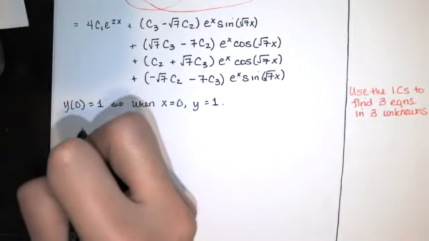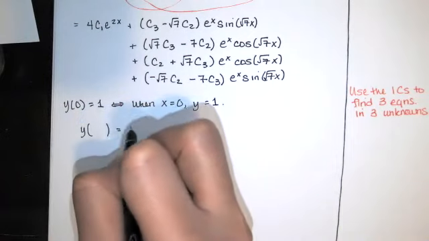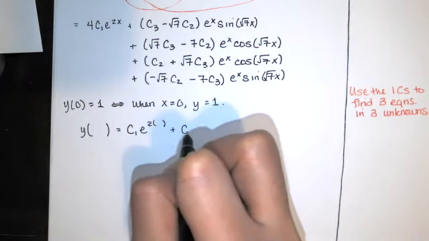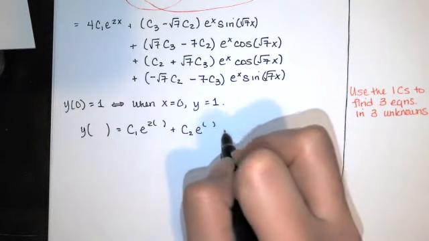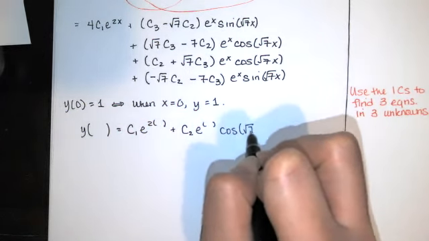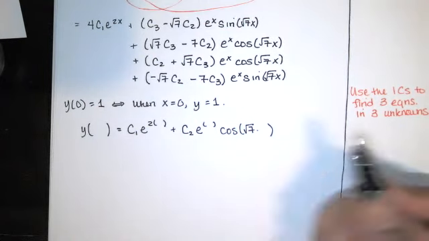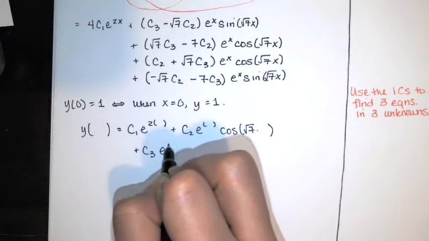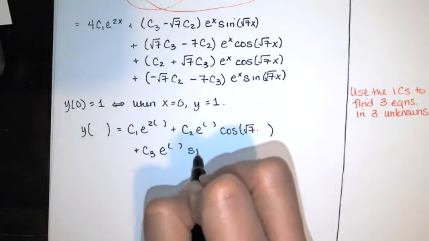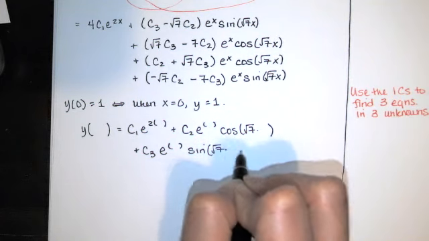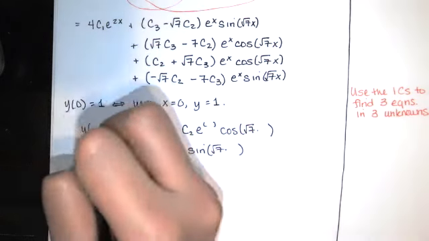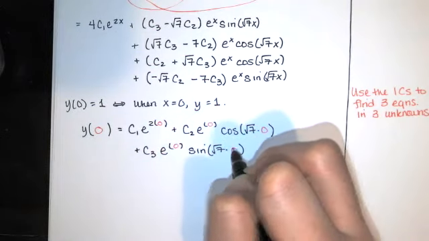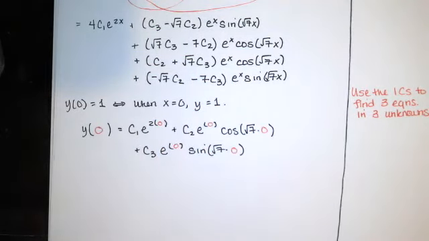So we're going to have y of 0 equals c1 times e to the 2 times 0 plus c2 times e to the 0 times cosine of square root of 7 times 0 plus c3 times e to the 0 times sine of square root of 7 times 0. So evaluate everything at 0. And then simplify where you can.